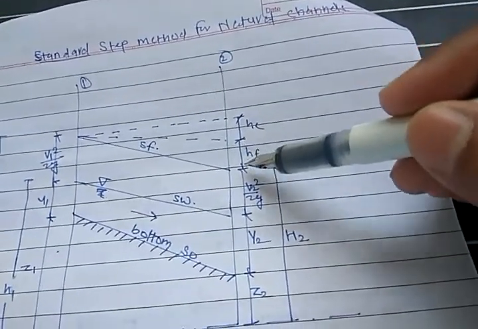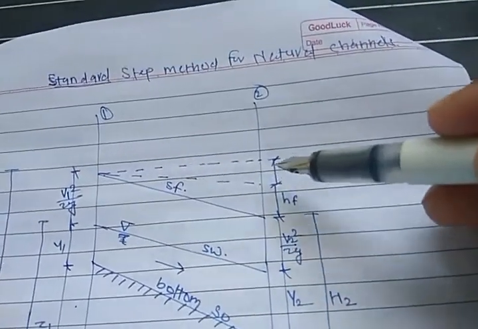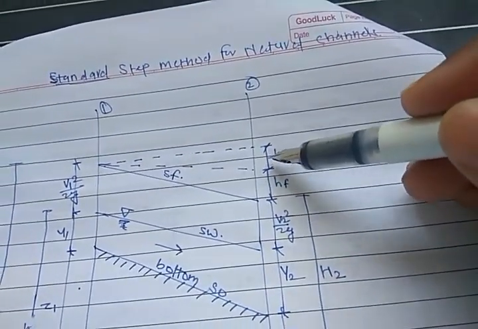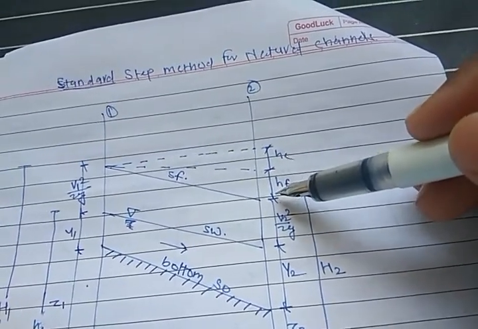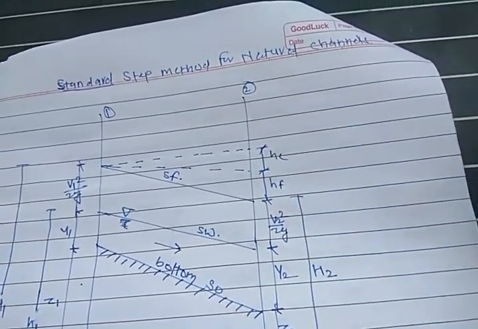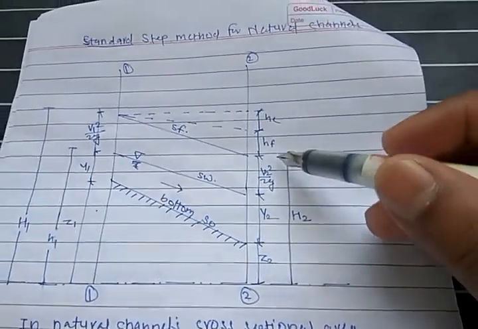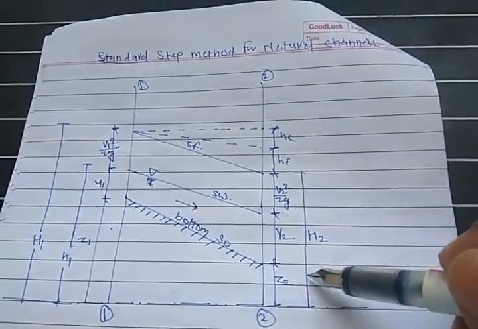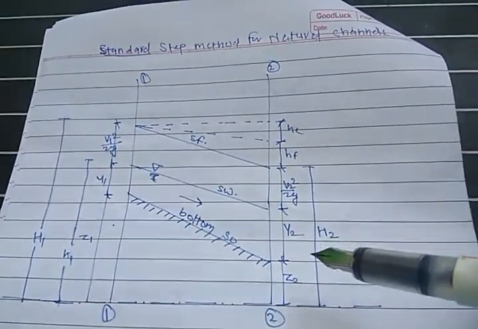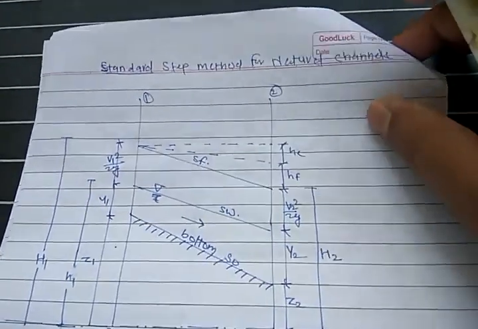This is HF, head loss between section 1 and section 2, and this is additional loss HE. This is total head loss, out of which this is frictional loss and this is eddy loss. And this is capital H2, that is Z2 plus Y2 plus V2 square by 2G, and small h2 will be Z2 plus Y2 as in section 1.